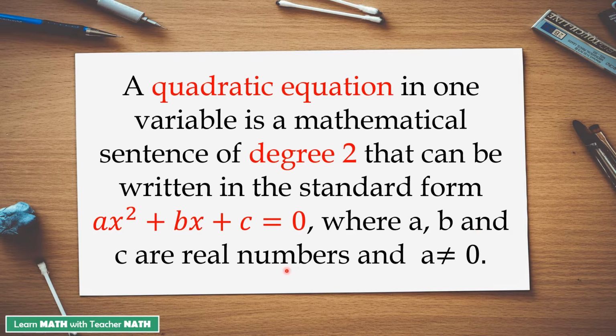Pag sinabing real numbers, maaaring ang maging value ng a, b, at c ay positive numbers, negative numbers, pwede ring fractions, and decimals, basta real numbers. And a should not be equal to 0. Kasi kung naging 0 ang a, hindi na siya quadratic equations kasi mawawala ang value nitong term na ito.